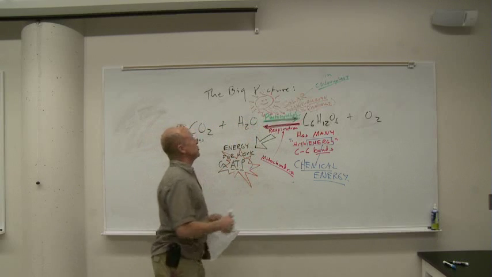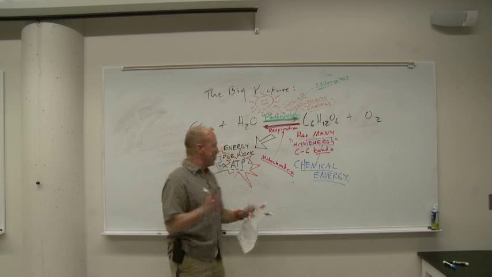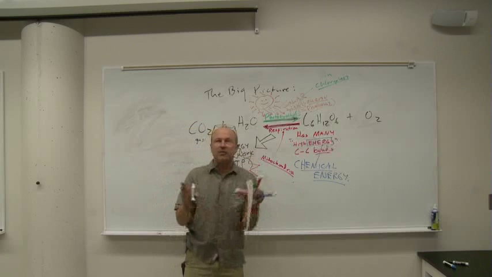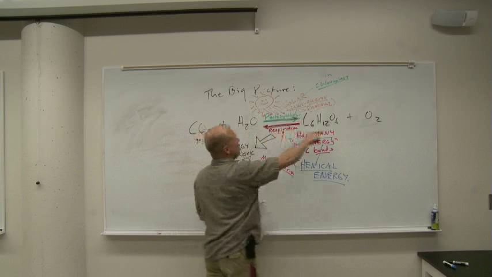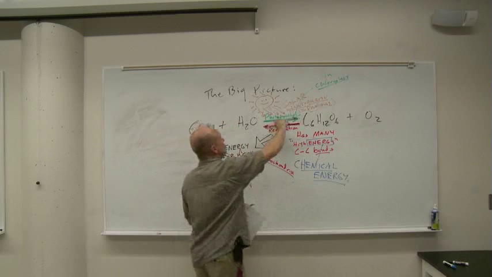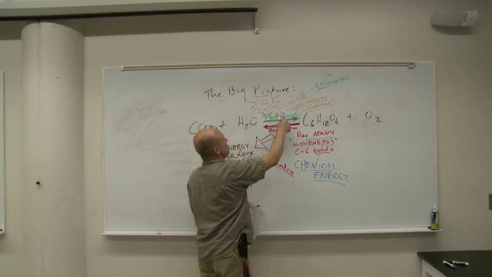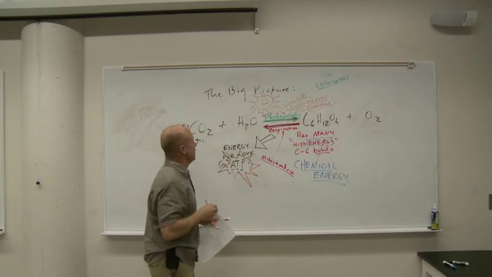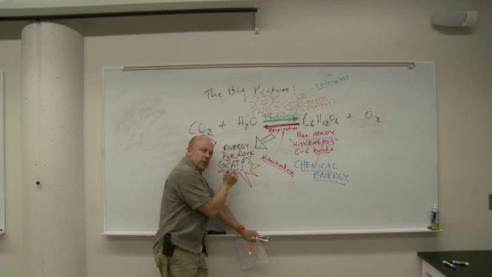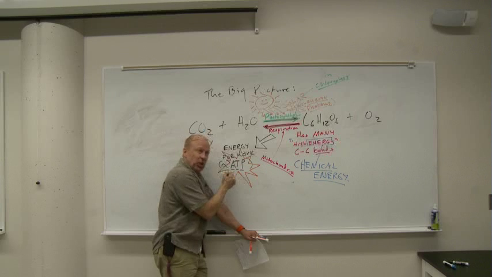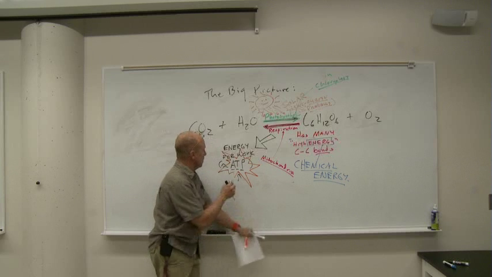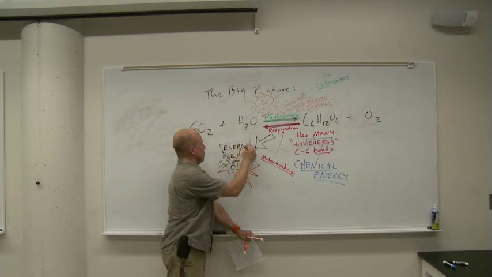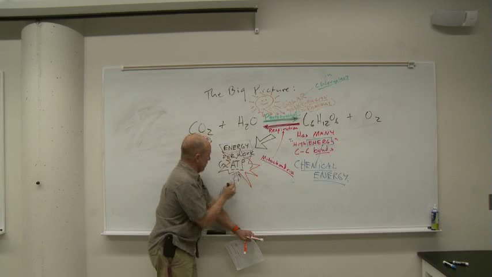So this is the big picture. This is a super important part of this entire chunk of the class. This is the entire unit, really. So this process going this way, this process going this way, two different things. This one has energy in, this one has energy out. At this point, the energy in ATP is still chemical energy, but it's a different kind. So this energy here is chemical energy.